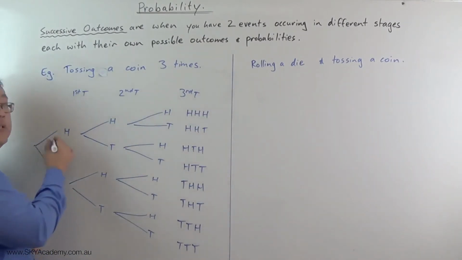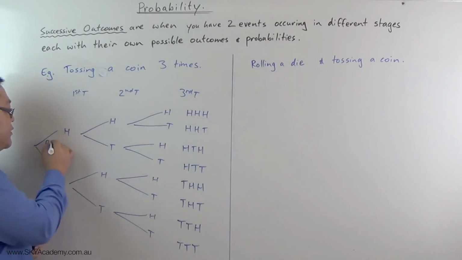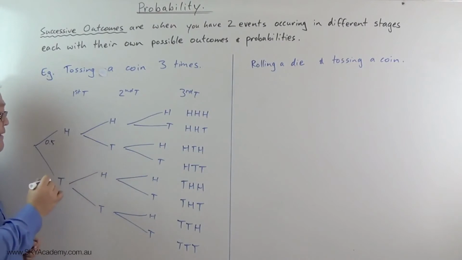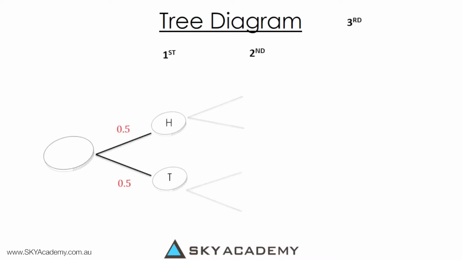It's 1 out of 2, right? Or another way you can say it is 0.5. It's a half. What's the probability of tossing a tail? It's a half as well. What's the probability of tossing a head? 0.5, 0.5. And that'll be the same all the way across.